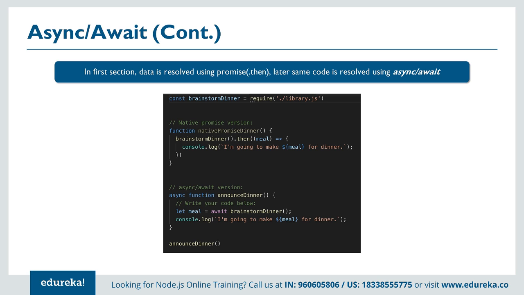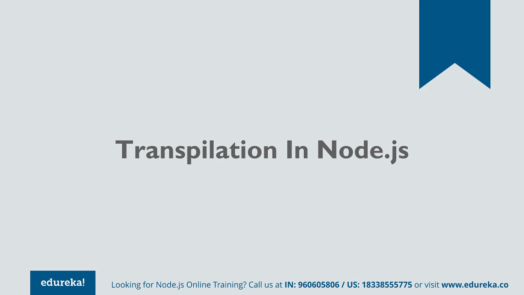So that will be a then callback for the dinner and then breakfast, then another callback inside that. So instead of that, over here what we can do is let meal equal to await brainstorm dinner, console log it, then let breakfast equal to await next day breakfast, then console log it. So much cleaner, nicer syntax using async await.